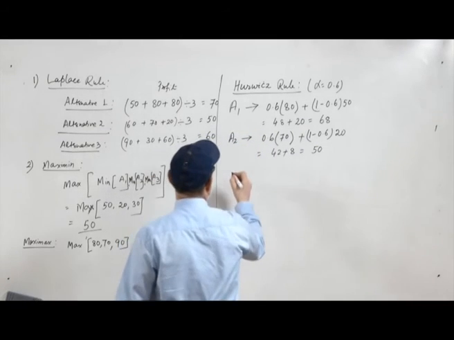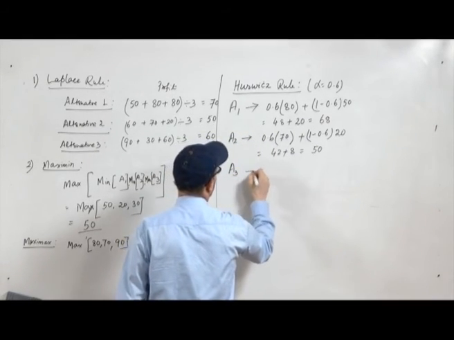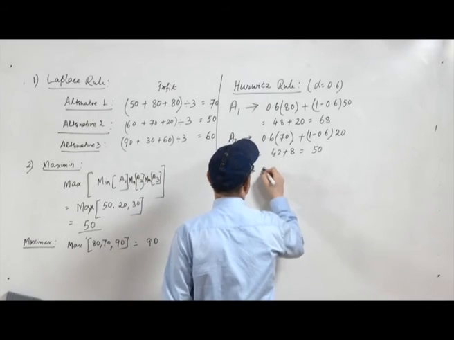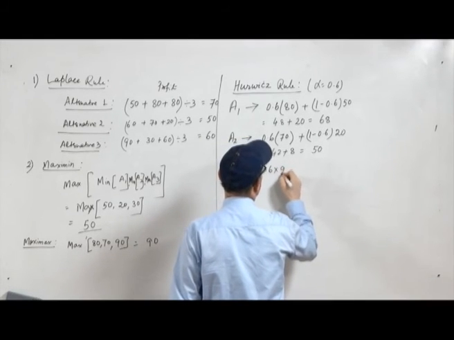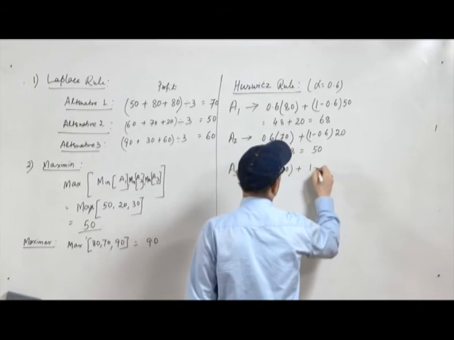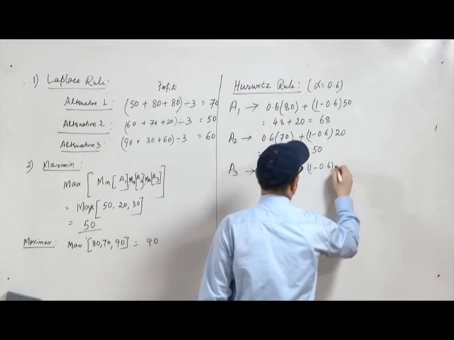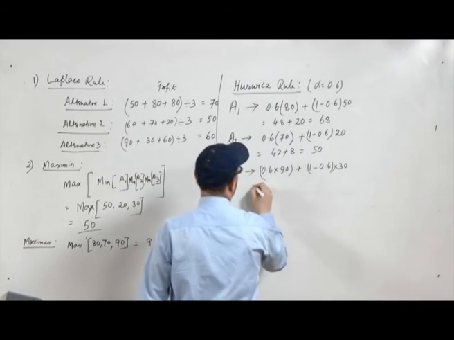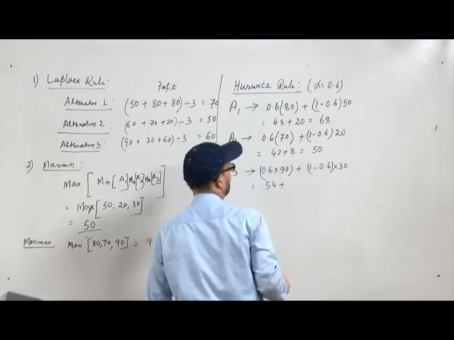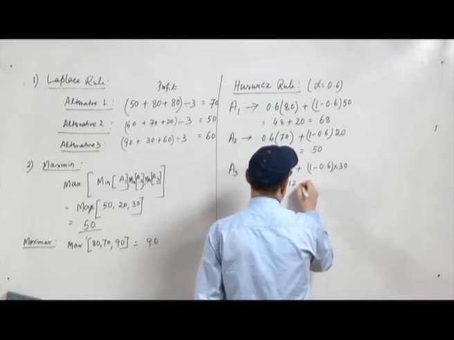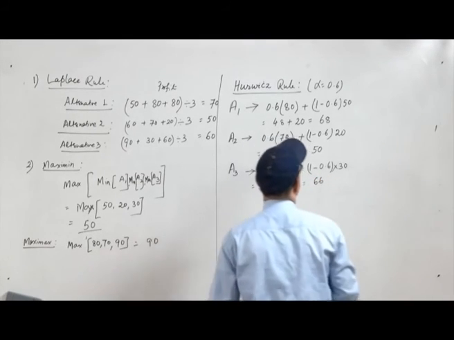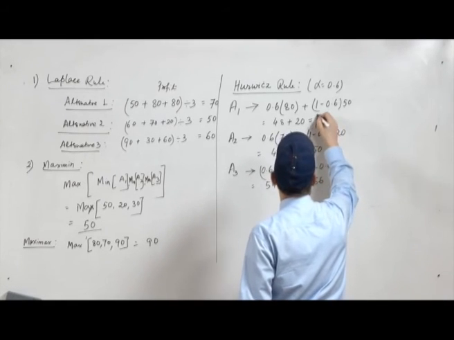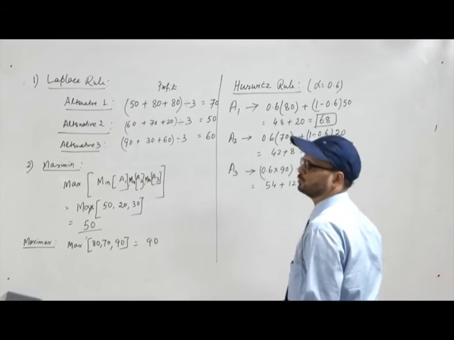You go to alternative 3. Alternative 3 maximum is 90. So, using this parameter, 0.6 into 90 plus 1 minus 0.6 into the minimum value, which is 30. So, it will be 54 plus 0.4 multiplied by 30, that is 12, so 66. What you see is alternative A1 gives you the maximum value.